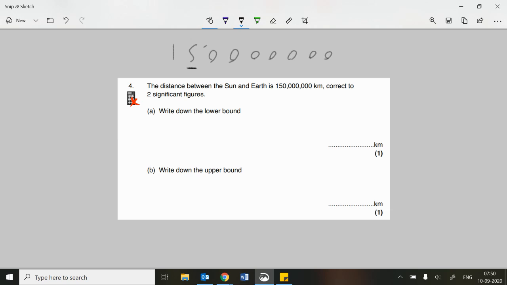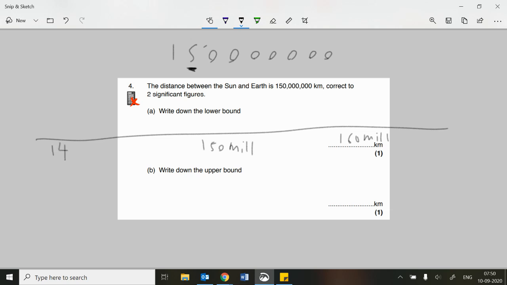And so then when you come up with your number line, you're going to have 150 million. Okay, I'm just going to write down here 150 mil. And then if we go up one on this second most significant figure here, then we're going to go to 160 mil. And then we're going to go down to 140 mil.